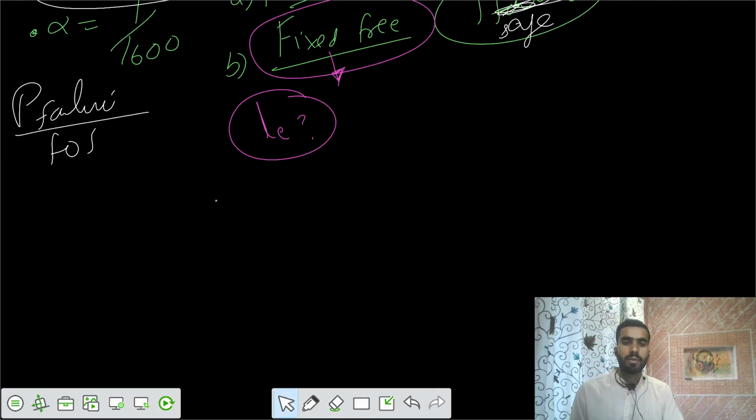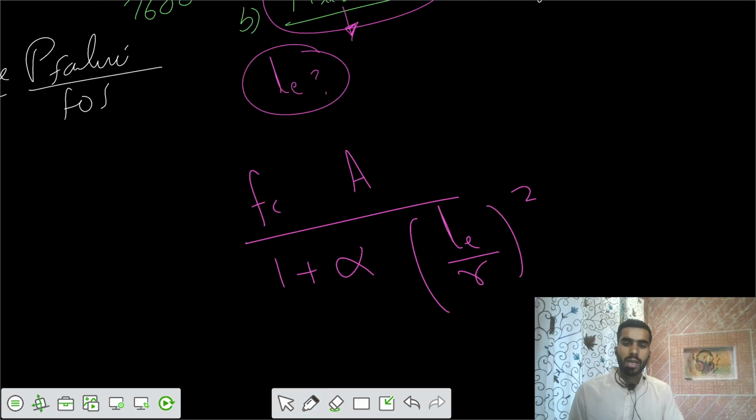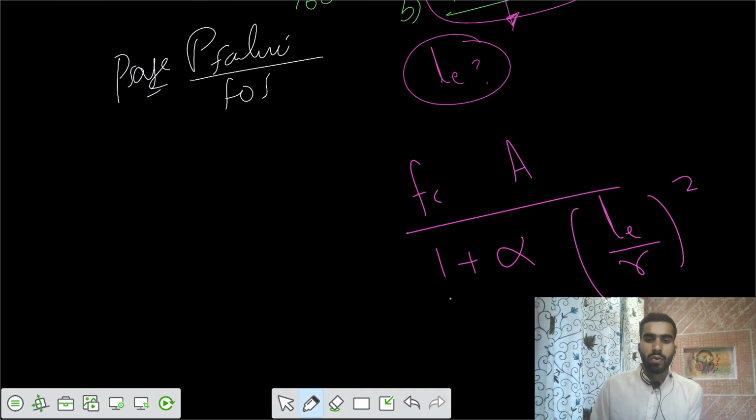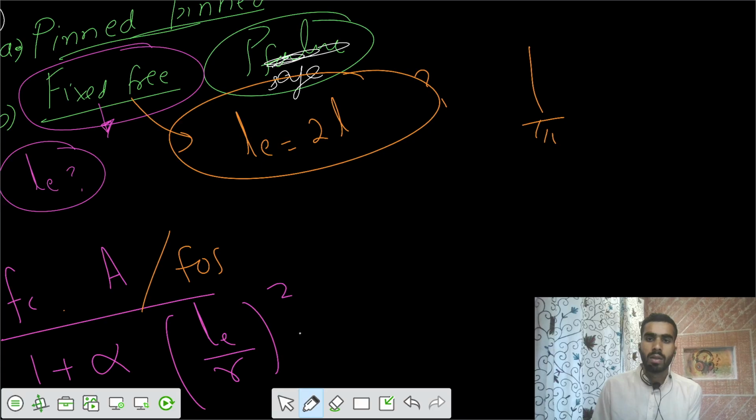We have the equation Fc A by 1 plus alpha lambda square, divided by factor of safety also. So only the L effective is changing. Do you know what is the L effective for fixed free? That is twice L.